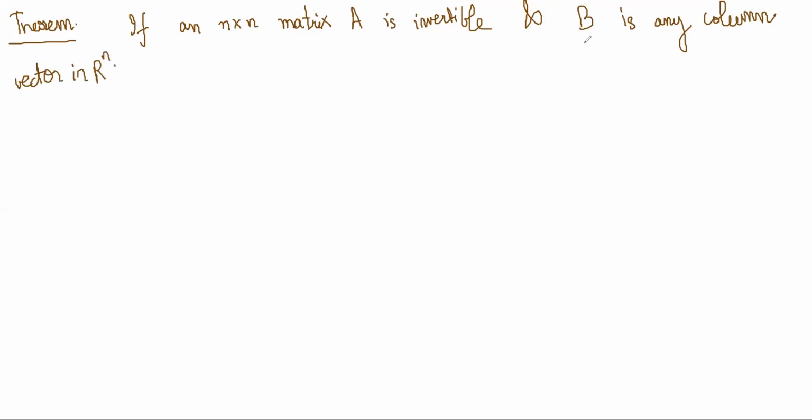What is the meaning of B is any column vector in R power n? Basically, B is a vector with n components, basically in n dimensional space.